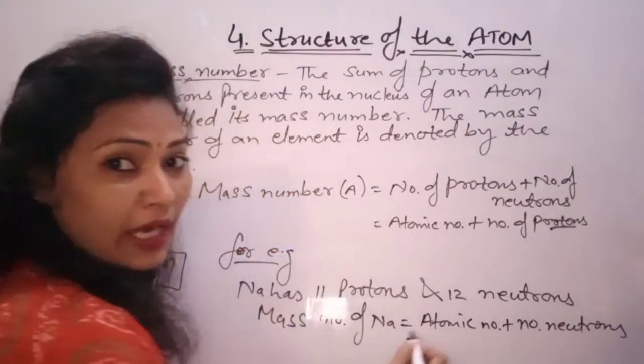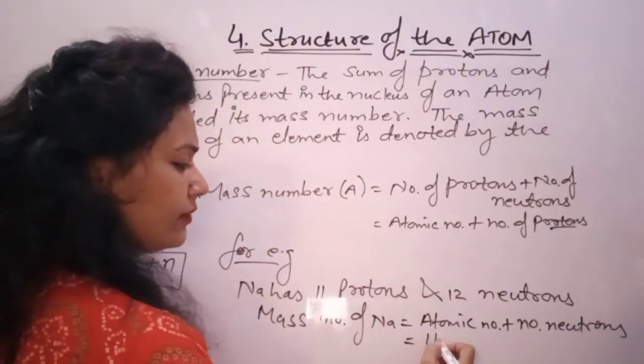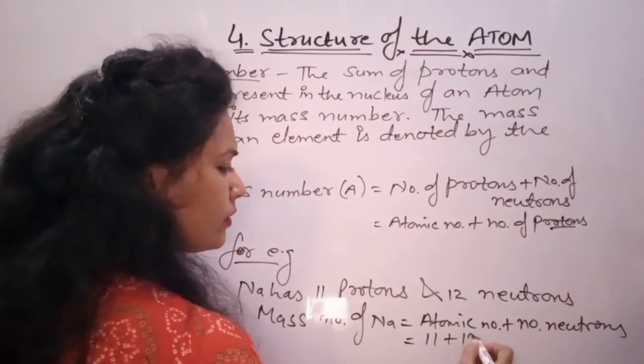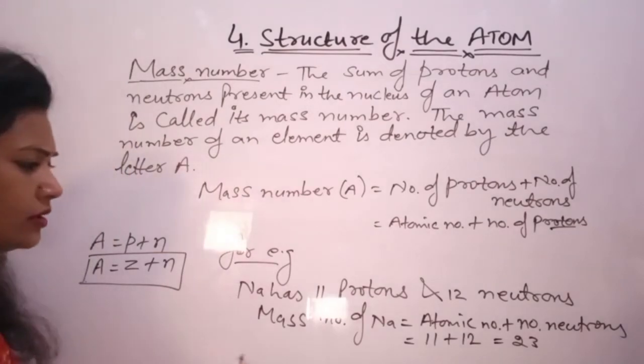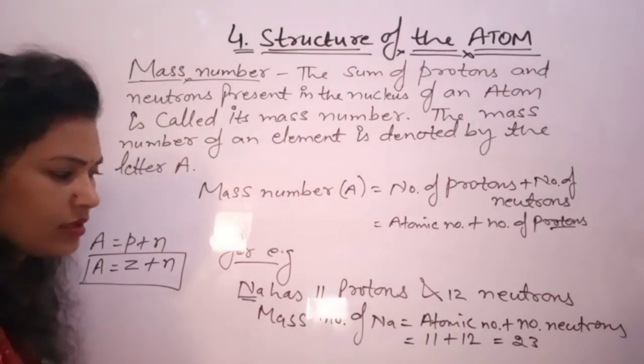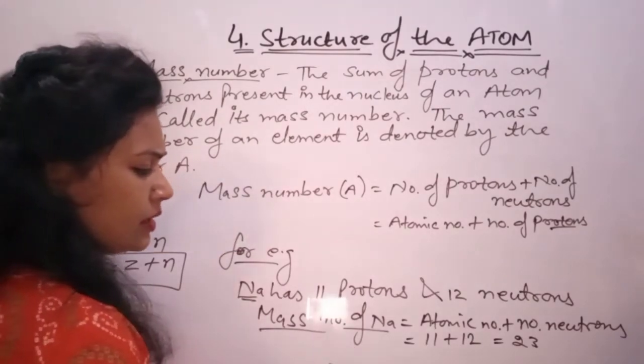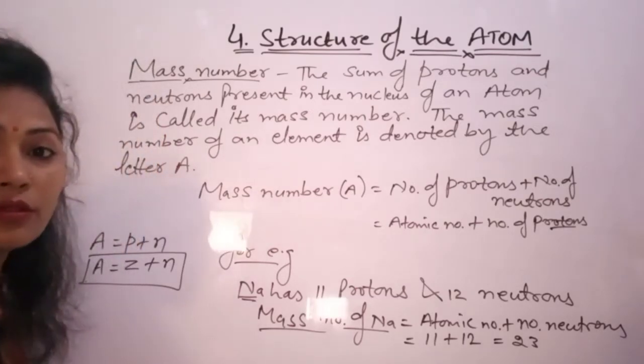The atomic number is 11 and the number of neutrons is 12, so the total is 23. Got it? The mass number of sodium is 23.